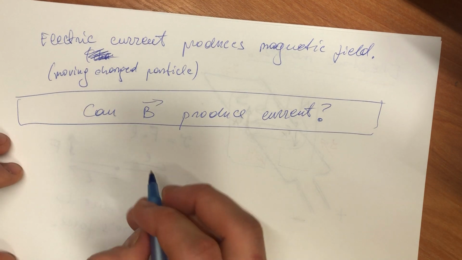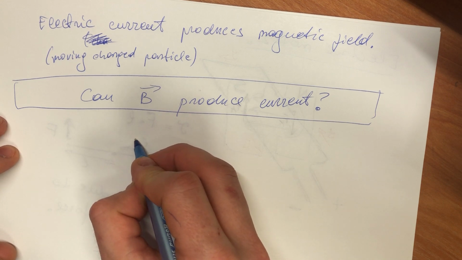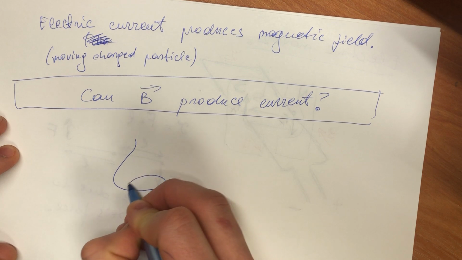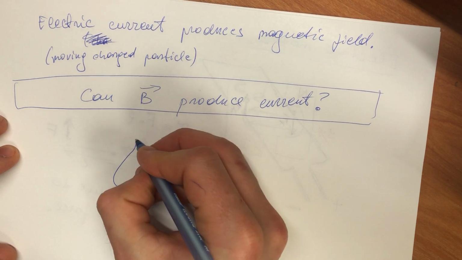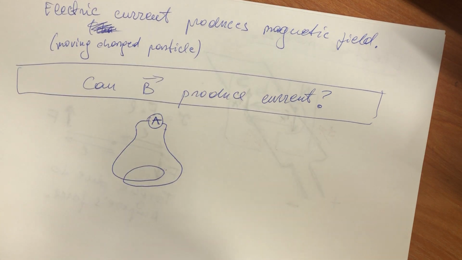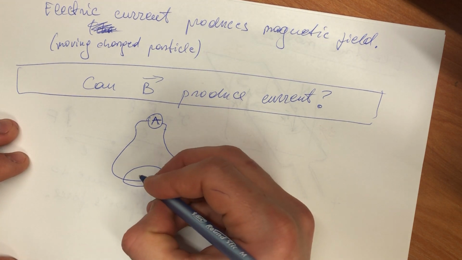It seems that they can, if we have in this case a loop of wire, and we connect it to an ampere meter, which measures current. So how can it be done? How did Faraday discover it?